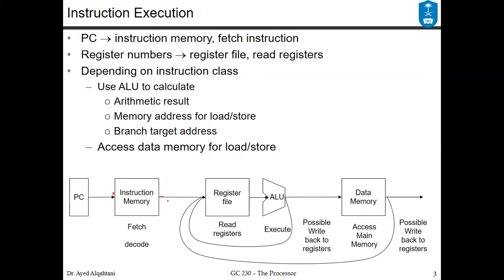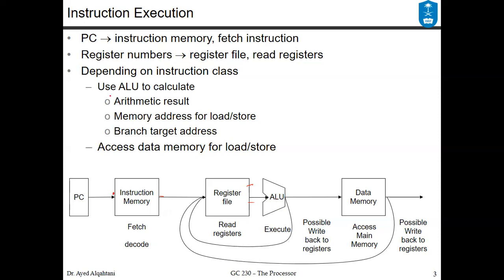After that, one of the important pieces of information in most of the instructions is the register numbers, which identify which register you want to read from the register file, and you get it out from the register file and supply it to the ALU for the execution. So up to this point, we did the fetch and decode, we read the registers, and now we are executing the instruction in the ALU.